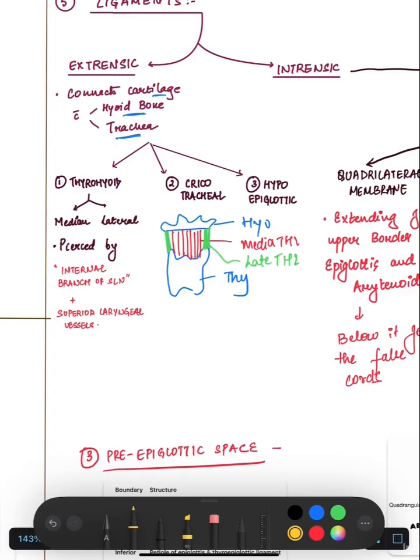So the thyrohyoid ligament is connecting the thyroid with the hyoid, and it is divided into the median and the lateral.